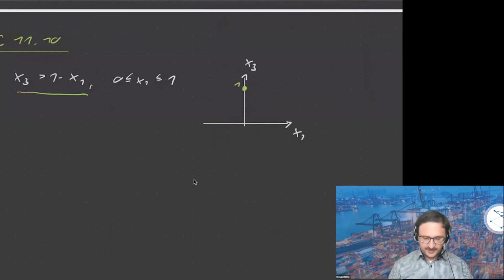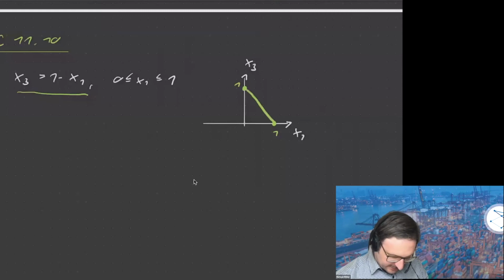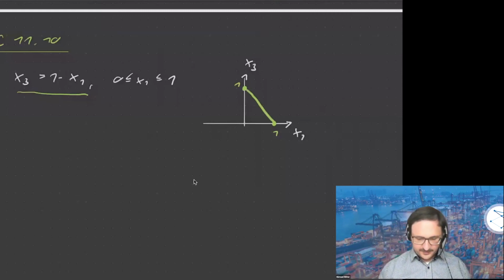If x1 is 1, it is at 0, and it's just a straight line in between. It's an affine function after all. So there's a 1 here. And that function just looks like this, okay? So this is the function x3 equals 1 minus x1.